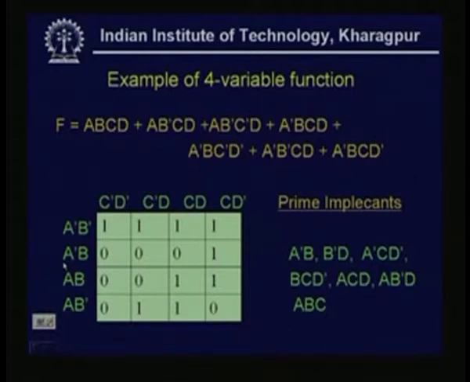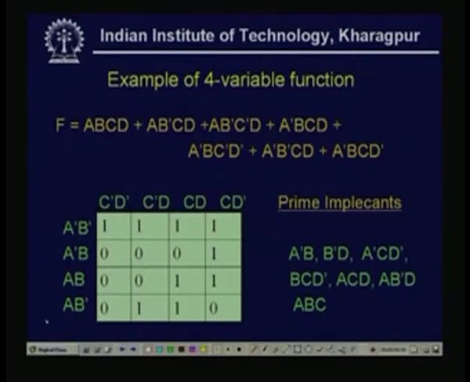Now, again we take one 4 variable function. Now, see that this 4 variable function f is given, that there are 7 minterms: 1, 2, 3, 4, 5, 6, 7 minterms. Now, we see what the minterms are. See, A B C D, this is one minterm. So, I am giving that as my first minterm.